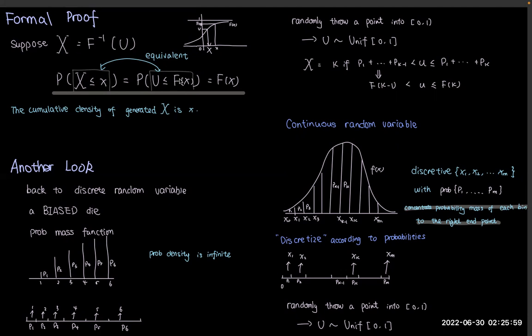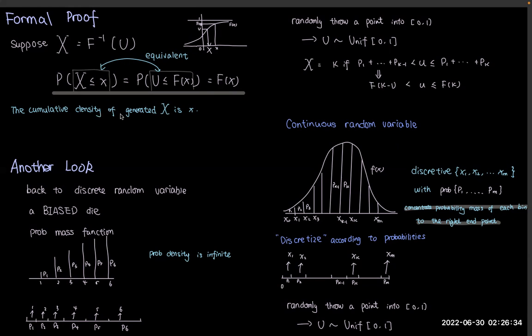So if, say, this f of x is 0.7, what's the probability that u is less than or equal to 0.7? That is exactly 0.7, right? In general, for any f of x, this probability is f of x. So here, relative to the randomness of u, f of x is a fixed value for each fixed x. And then this probability is f of x. So here we actually prove formally that the cumulative density function for the returned X is indeed big F, which is exactly what we want.